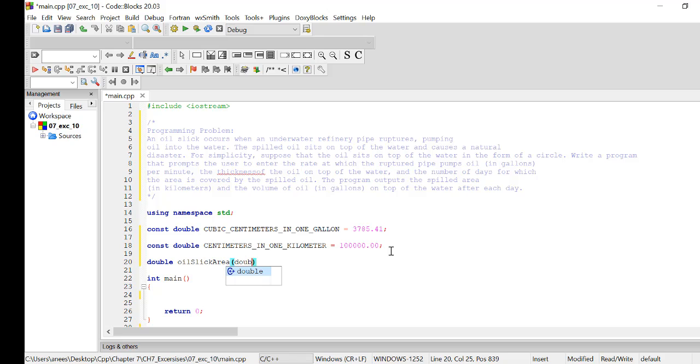We're going to write in double oil thickness, or we could just name it oil thick, comma, double oil release rate, comma, double spill time in hours.